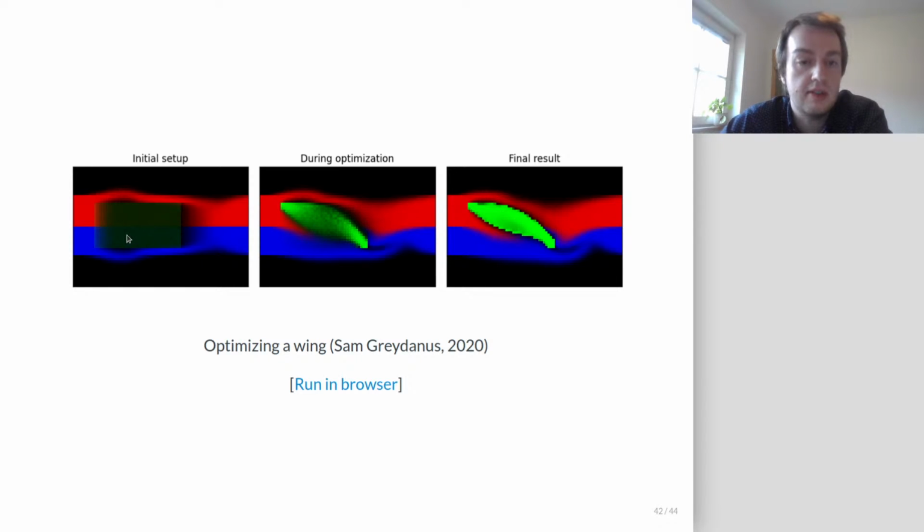From this object he would then derive the lift and the drag. What he wanted was to optimize for the lift, to find a geometry for the wing, which of course should not be rectangular, for which the lift would be as high as possible, right?